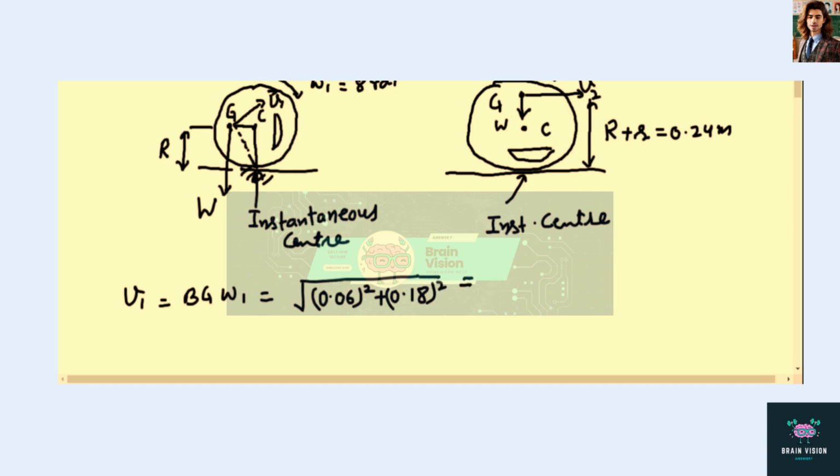So V1 is 8 into omega 1, and on solving it you will get root of 0.036 meter per second. V2 will be 0.24 into omega 2.